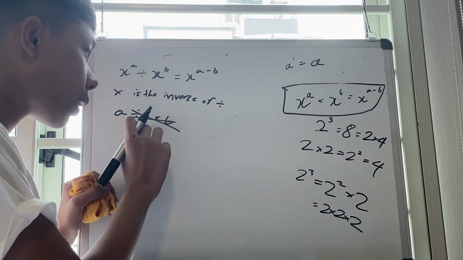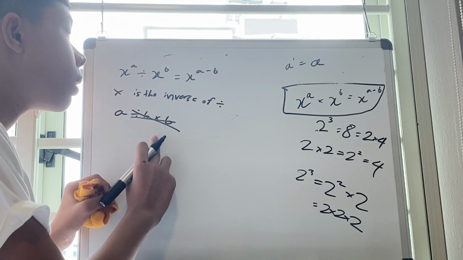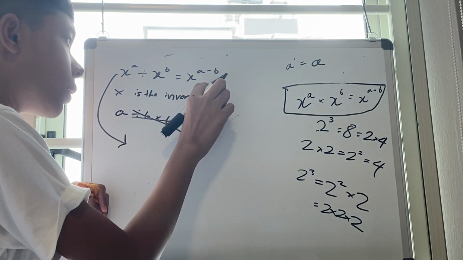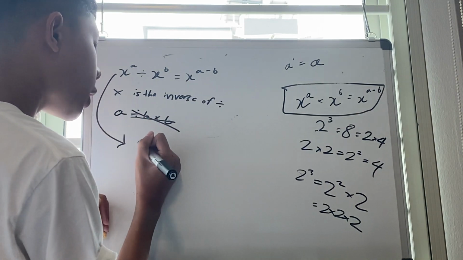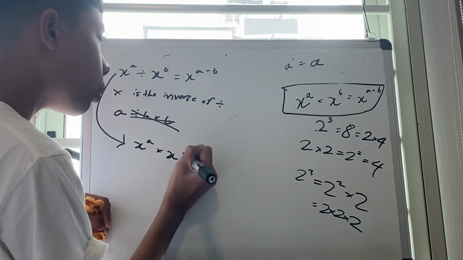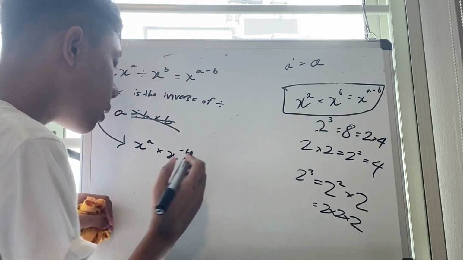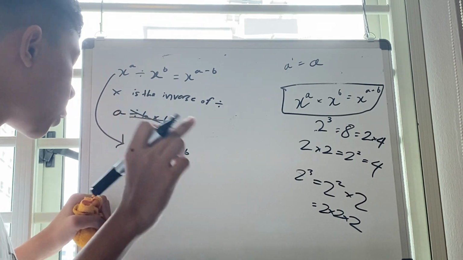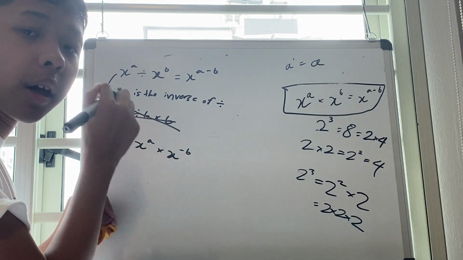But why does it work like this? Because this equation right here is actually equal to x power a times x power negative b. When you change from multiplication to division, you flip the sign.